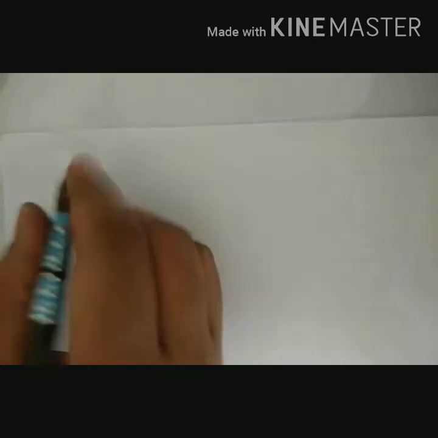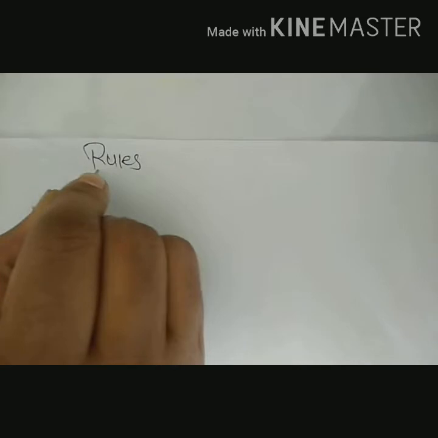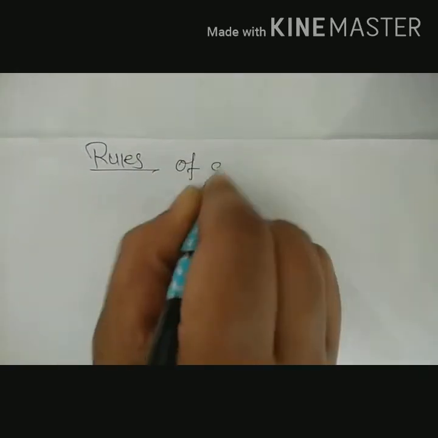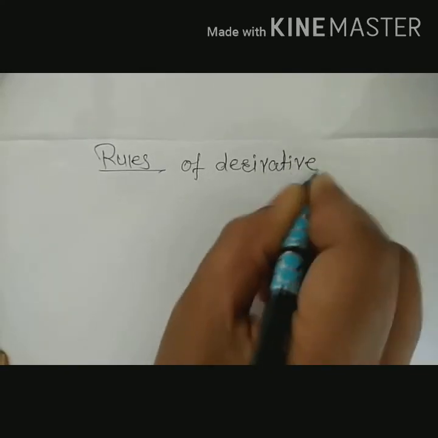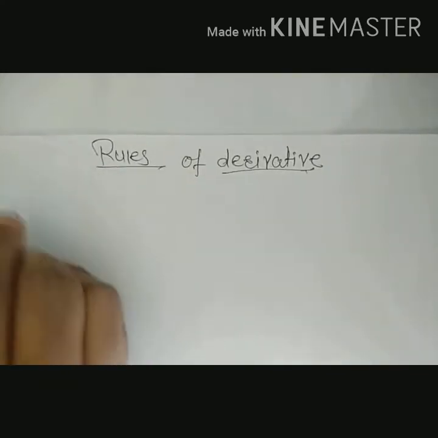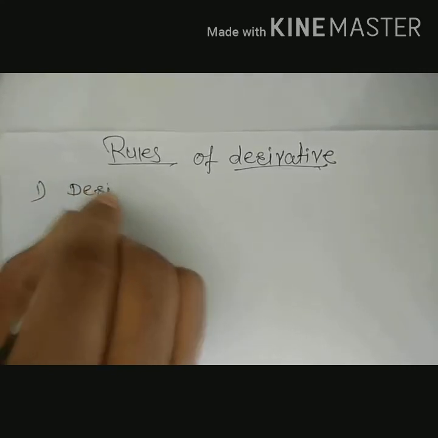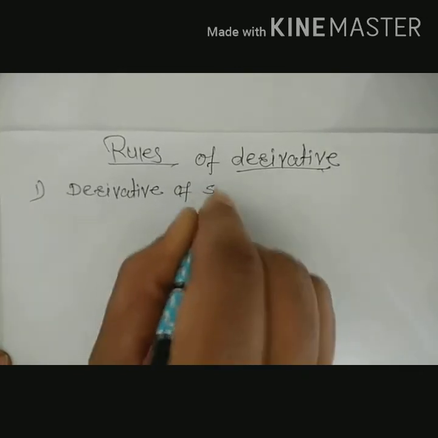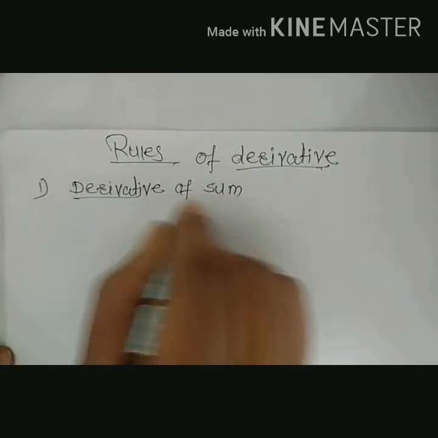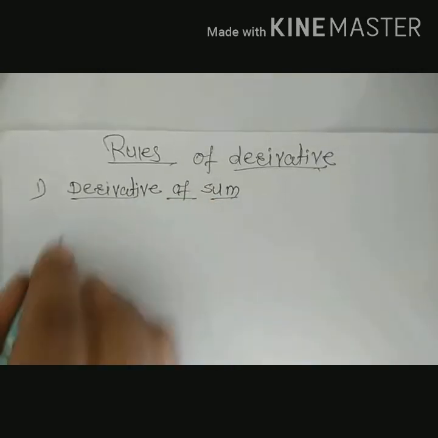Now we see the rules of derivative. First rule is the derivative of sum, that is, the sum of two functions.